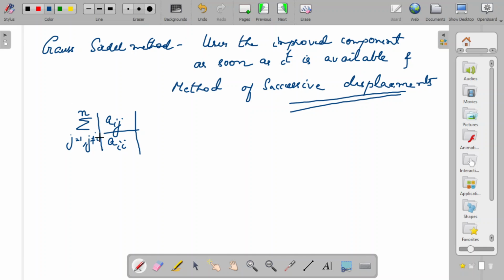So it should be summed from 1 to n, and then all these added together should be less than or equal to 1, and i is equal to 1, 2, 3, etc. up to n.